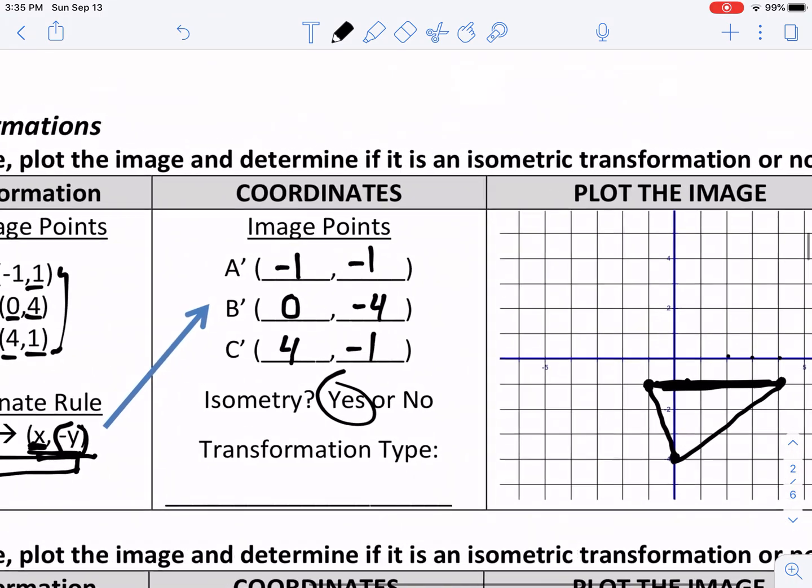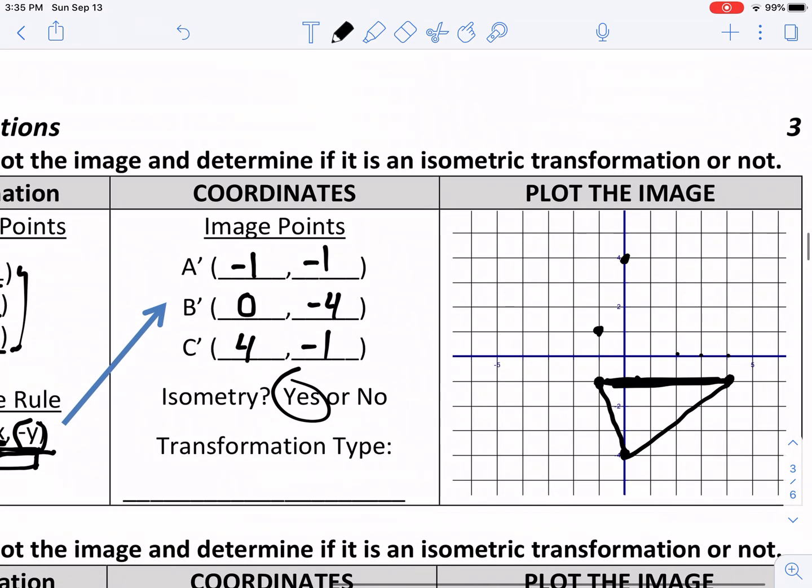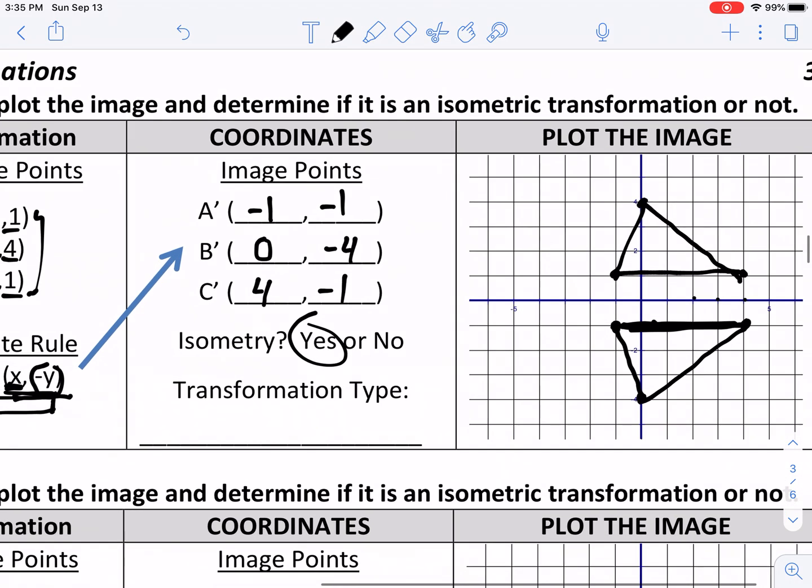If we look at the original points, the pre-image points, we had negative 1, 1, 0, 4, and 1, 2, 3, 4, 1. Isn't that just a reflection? Yeah, it flips over the line. So the type of transformation we have here is a reflection.